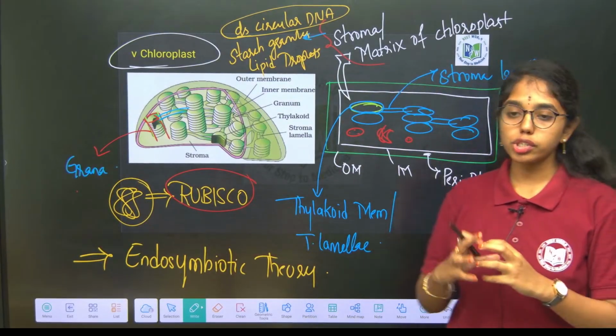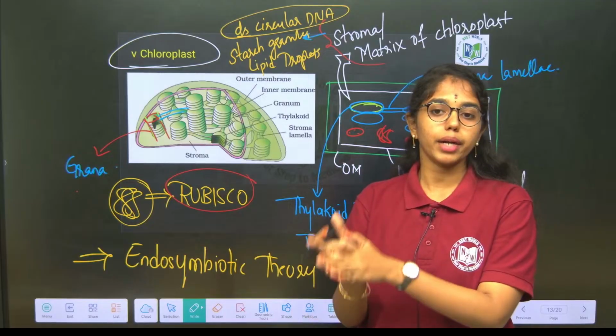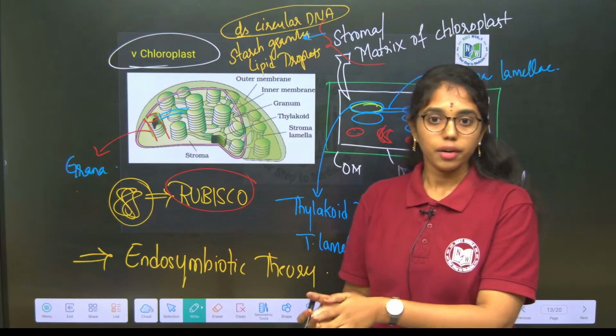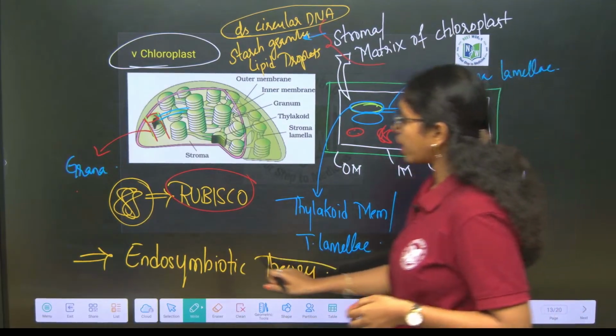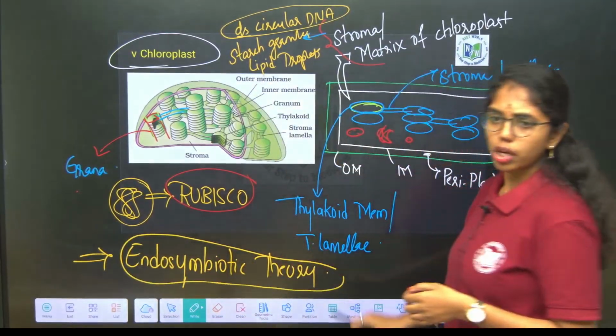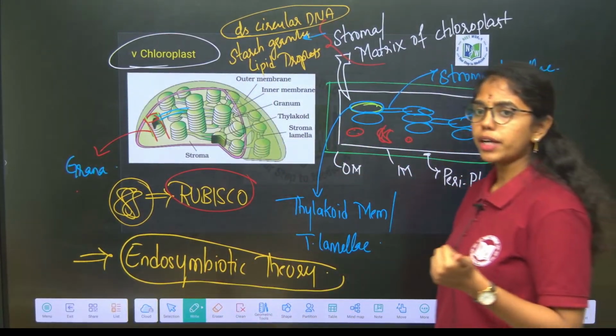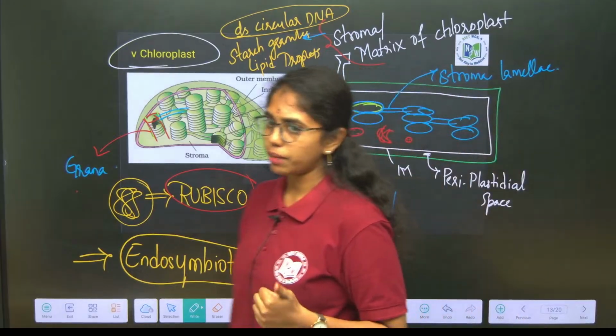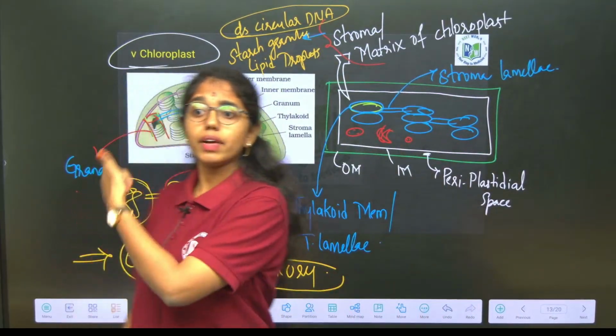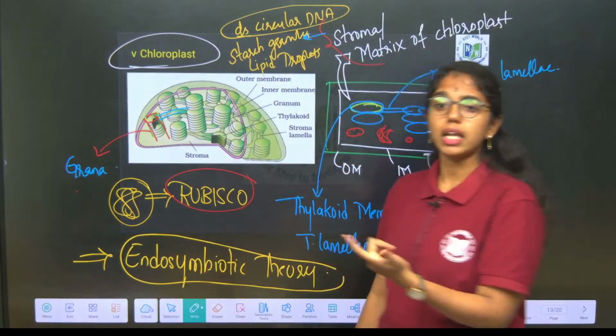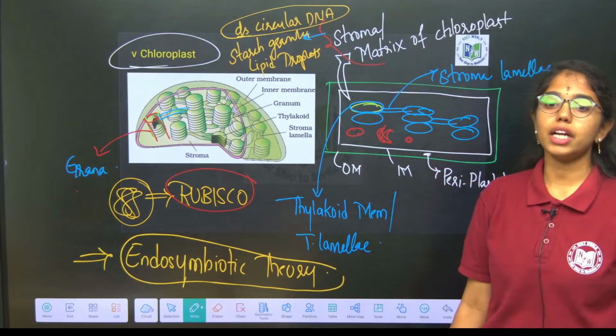And due to the process of endocytosis, they have become a part and parcel of eukaryotic cells. And now they are independent in living, yes or no? Chloroplast and mitochondria. Mitochondria is called as powerhouse of the cell because it synthesizes energy. Even chloroplast is called as kitchen of the cell. It synthesizes food and energy as well.